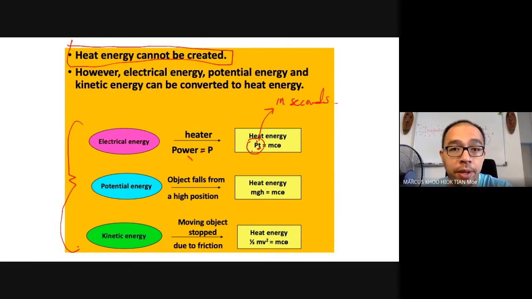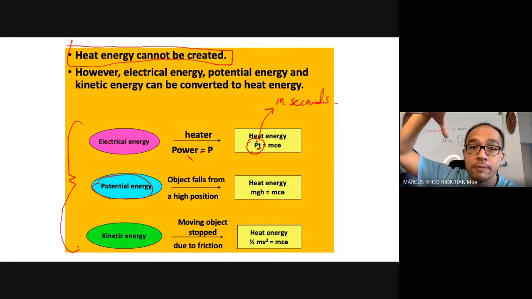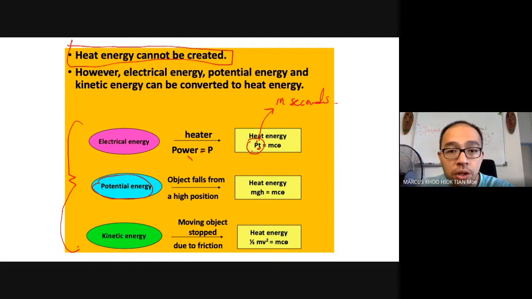Very important. The second one is potential energy, for example an object that falls from a high position. You drop a stone from somewhere very high. It has potential energy, and as it moves down, it's going to be converted to heat energy also. So the formula for potential energy is mgh equals mc delta theta, where h is height.